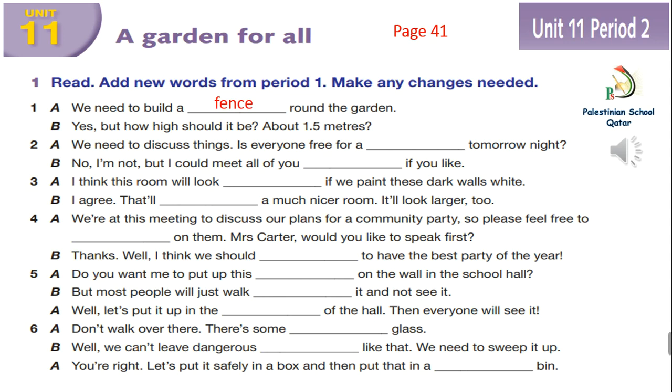Is everyone free for a meeting tomorrow night? No, I'm not, but I could meet all of you tonight if you like. 3. I think this room will look lovely if we paint these dark walls white. I agree. That'll create a much nicer room. It'll look larger too. 4.